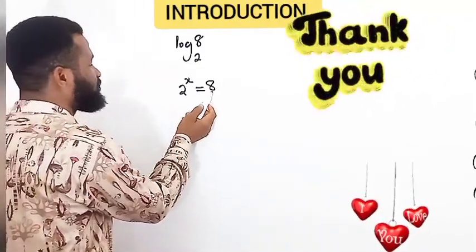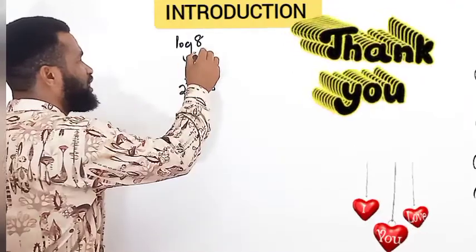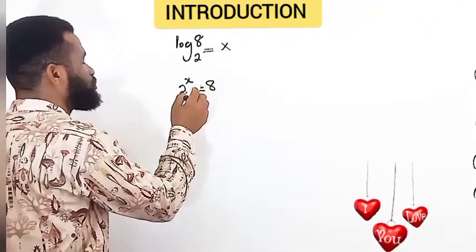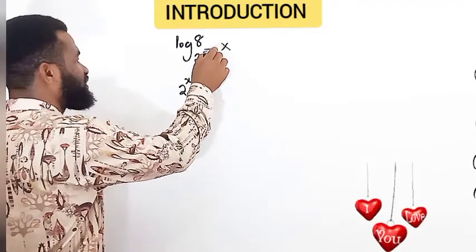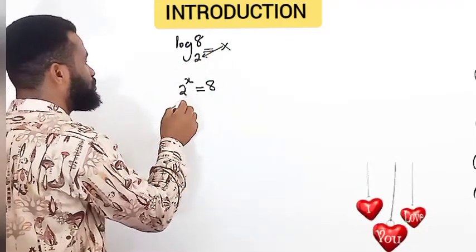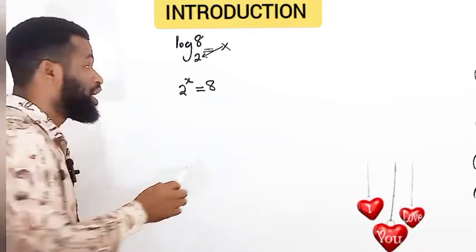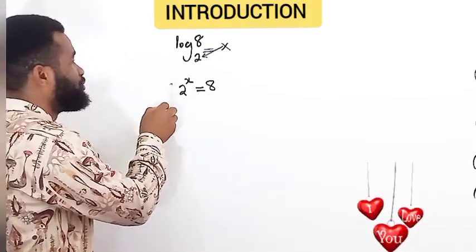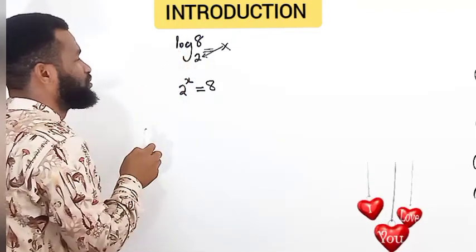Then if you can answer this question, then you know what x is. Let's assume that we say this place is x. What you do is carry the x on top of 2 and introduce your equality sign. Then you will be able to evaluate the whole log.